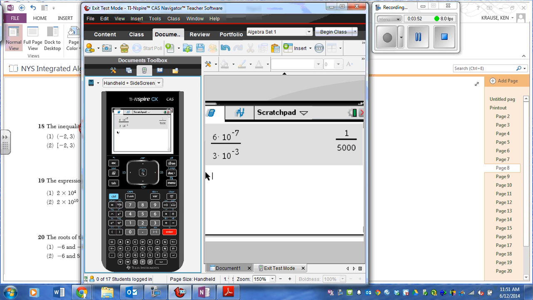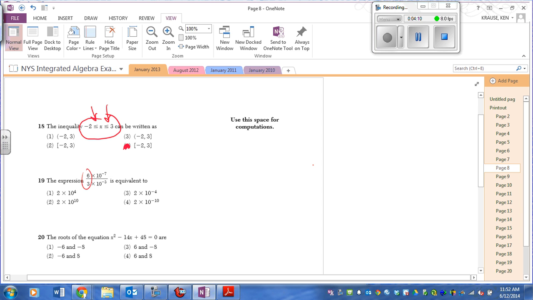I want that as a decimal. Up there twice. Enter. So it's 0.002, so that's 2, and that's to the negative 1, 2, 3, 4. 2 to the negative 4.